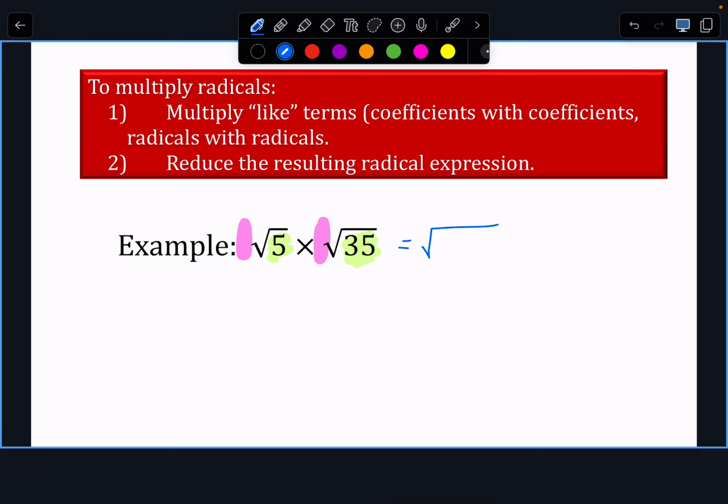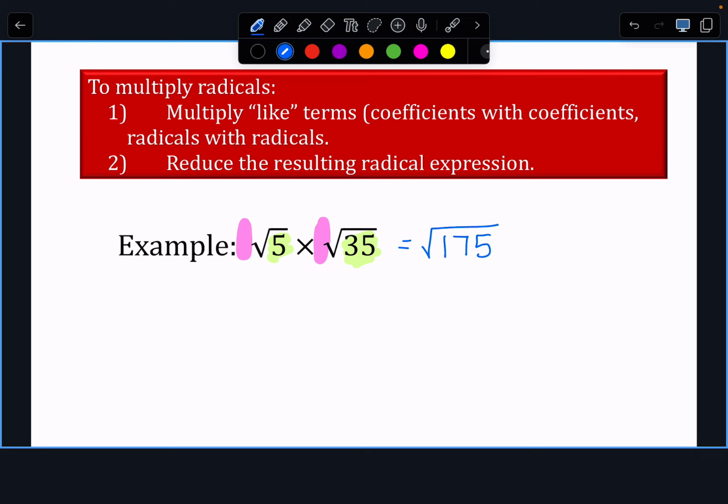But what is 5 times 35? 175. Okay, hey, I need you to focus.